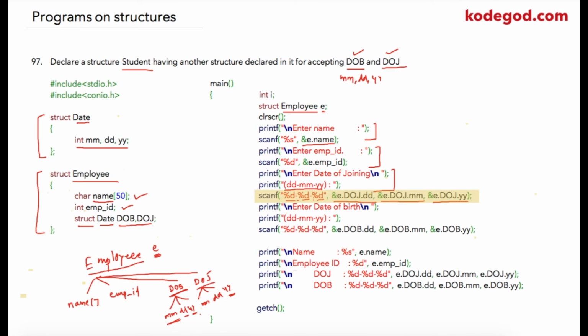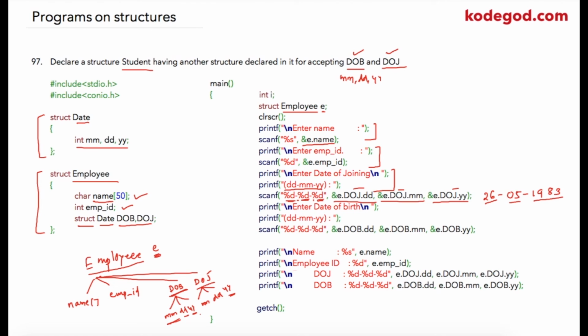So the user has to explicitly type a dash between these variables, so %d dash %d dash %d. If he wants to enter the date as 26th of May 1983, then he will enter 26-05-1983. So 26, 05 and 1983 will be stored in these respective values.